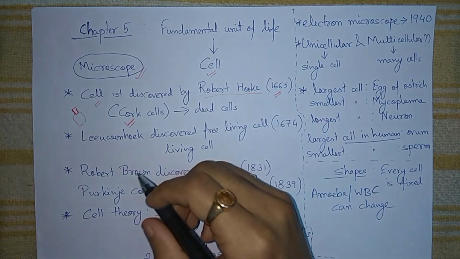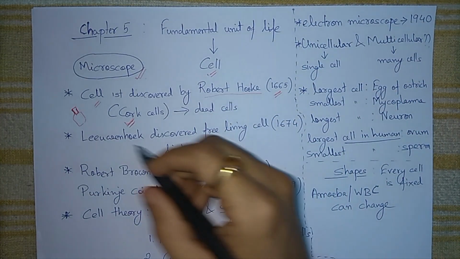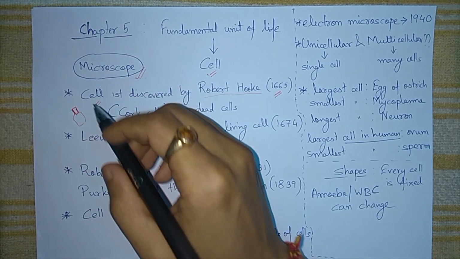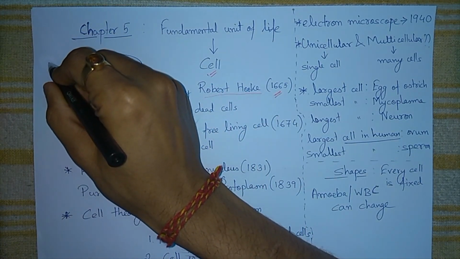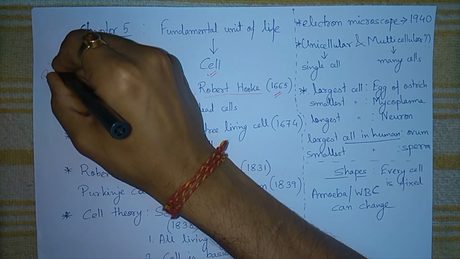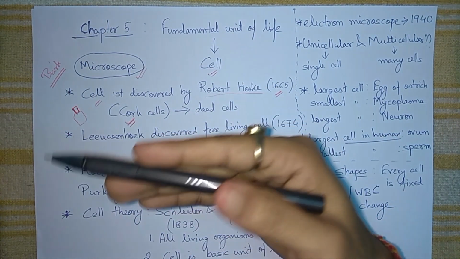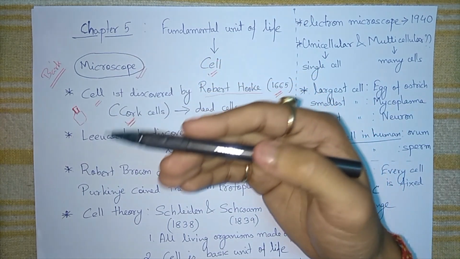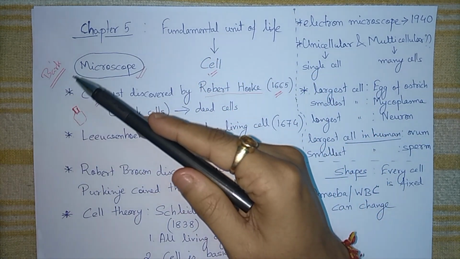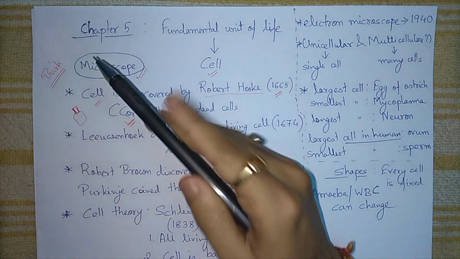Now we all know that big, large trees have bark. So bark cells are dead cells. No doubt bark cells are plant cells, but bark cells are dead cells.